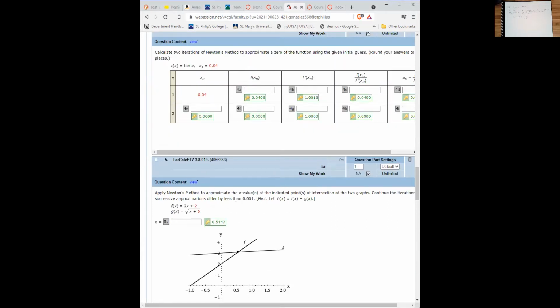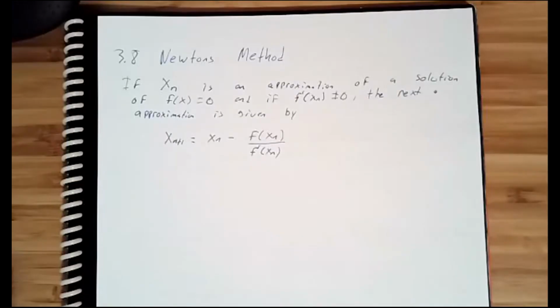Yeah, we'll look at this one in a moment. I see. So well, let's do the other one before we talk about number 5. Well, let's do number 1.